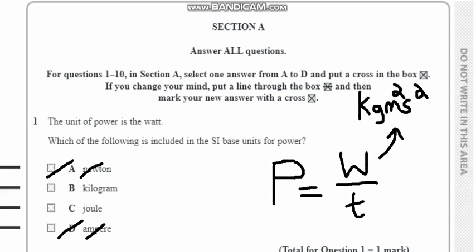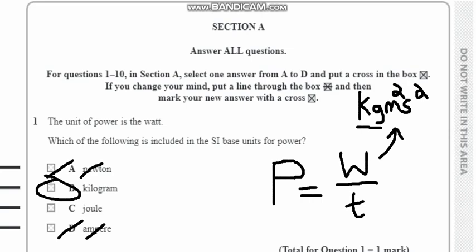If we combine the force unit, that says the force is equal to mass into acceleration, which means kg into meter per second square, and that's into d, which is meters. So that's how we get kg meter square per second square. And now that we know that kg is a base unit, our final answer will be B. And there you go, we're done with the first question.